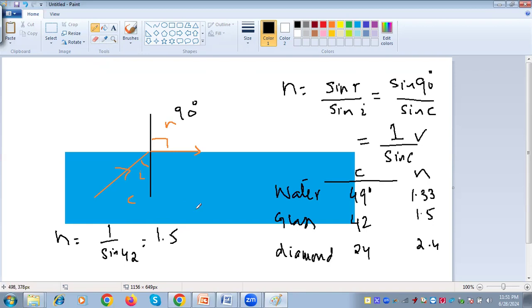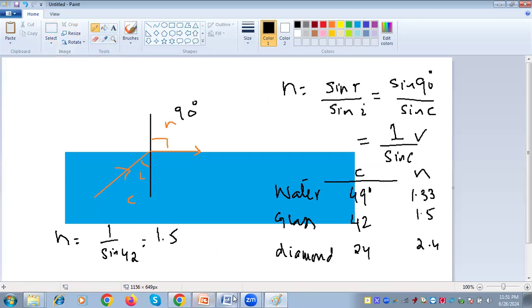Okay. For the diamond, 1 divided by sine 24, it's 2.4. Okay, so these are the different values of refractive index and critical angle, which are not necessarily to be memorized, because one of the two values will be given in the question.